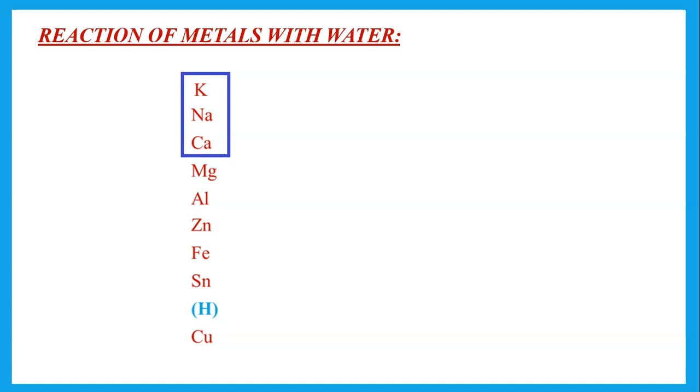What about reactions with water? You should realize that the very reactive metals can react with cold water, and when they react with cold water, they form the hydroxide plus hydrogen. So potassium plus cold water will give potassium hydroxide plus hydrogen, sodium plus water, sodium hydroxide plus hydrogen, and so on.